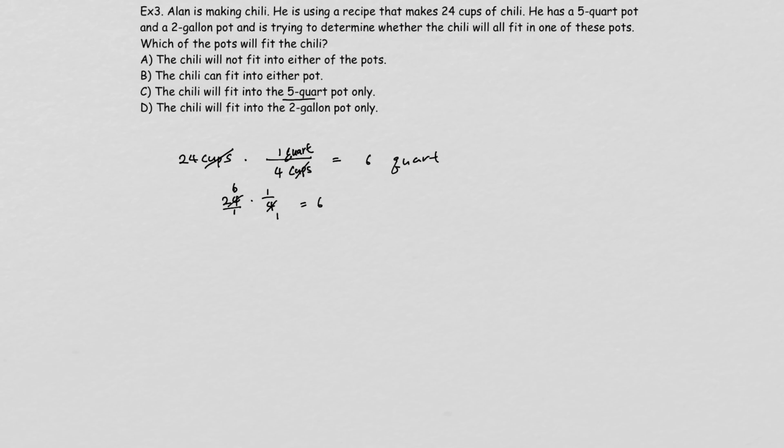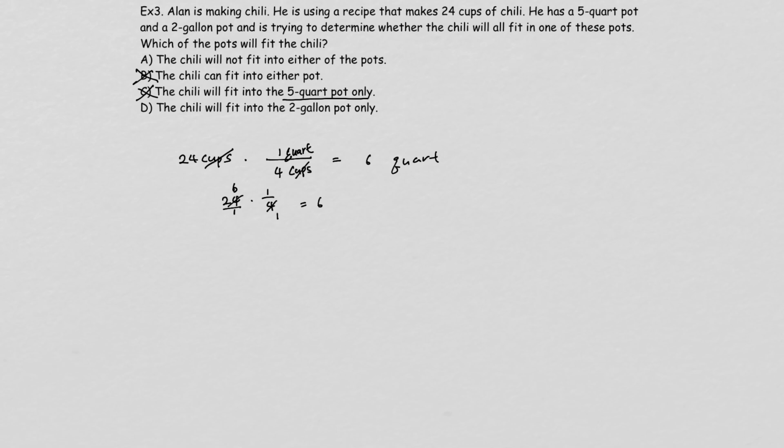It means it will not fit into the 5 quart pot because it's too big. You have to have 6 quarts. So that means C is not right. That means B is also not right, because it will not fit into both, right?